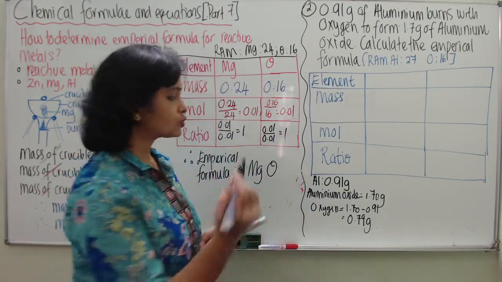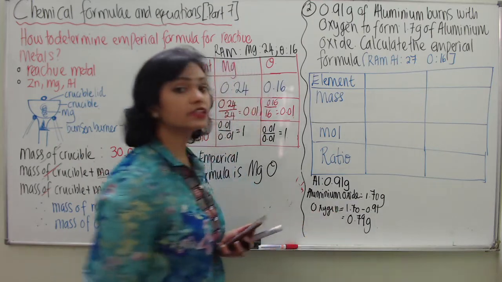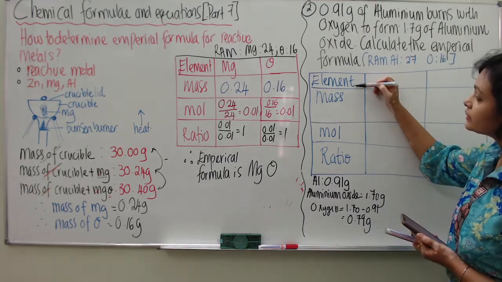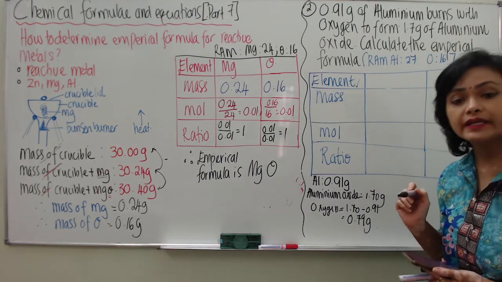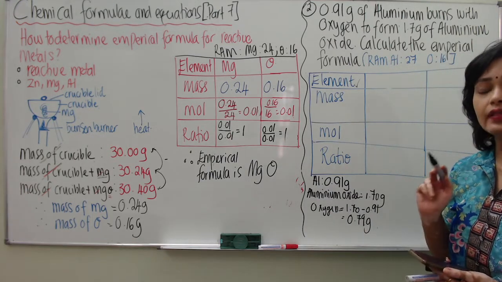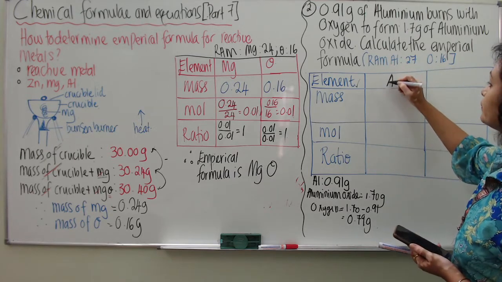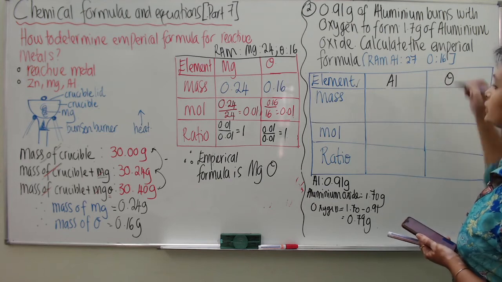Alright, after students have done this calculation, you can transfer. Oh yeah, before that, we must determine what are the elements involved in this calculation. Aluminium metal and oxygen for sure.